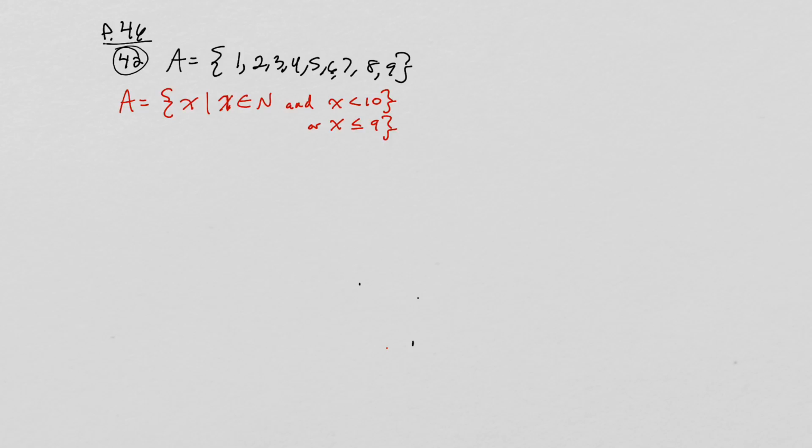Next we have number 44. Take a look at that one, and that one is set D is equal to 5, 10, 15, 20. So we can do a description like x is multiples of 5.